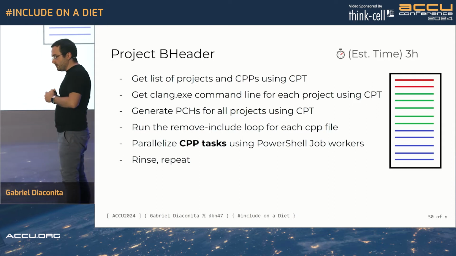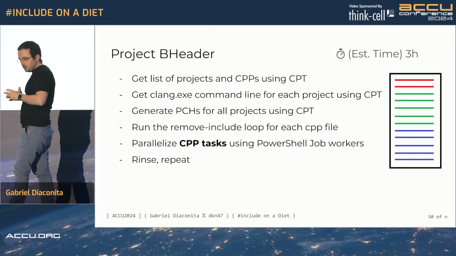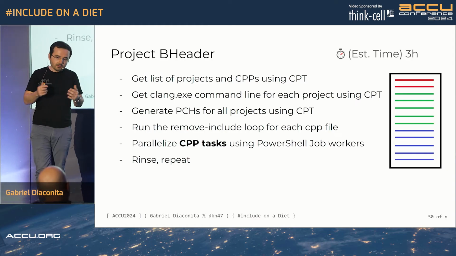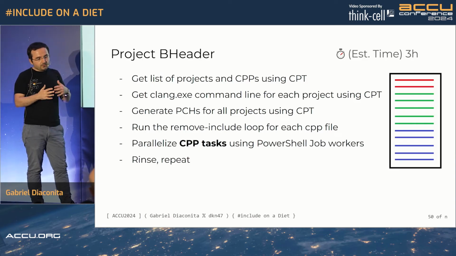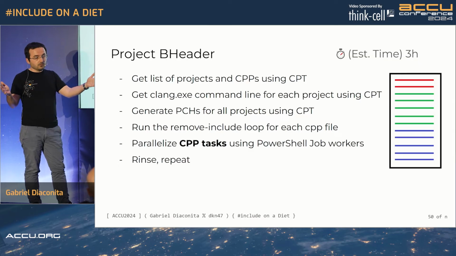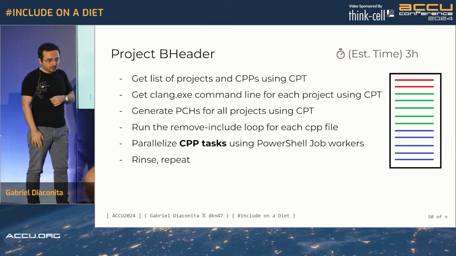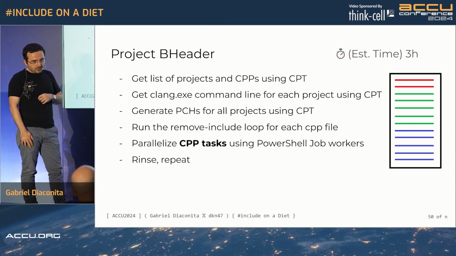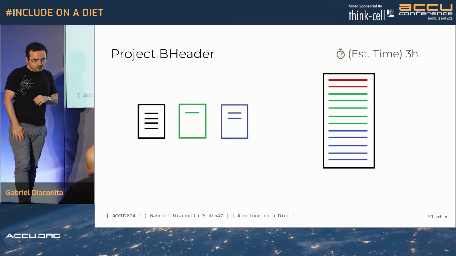We had to do a bit of magic with the compilation parameters so that each file was given as an input multiple times if a file was included in more than one project. So that if we have a CPP that's included in two projects, we don't want any of those projects for it to crash. Both of them have to compile after this process. So we changed our approach to parallelizing at the file level, not at the project level. We switched our approach.